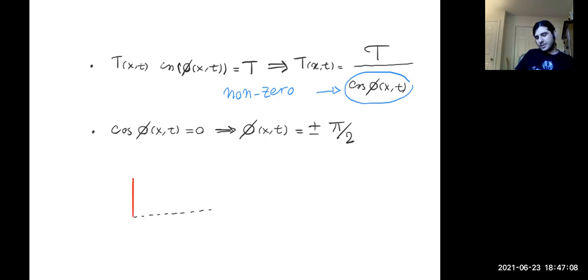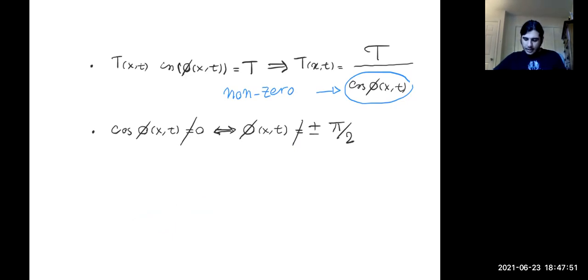You don't expect to see that for a vibrating string. You don't see the string completely becoming vertical, as long as it's intact and not broken. So it makes sense to assume phi is not equal to plus or minus pi over 2. Therefore, cosine is non-zero, and I can divide the equation by cosine of phi.